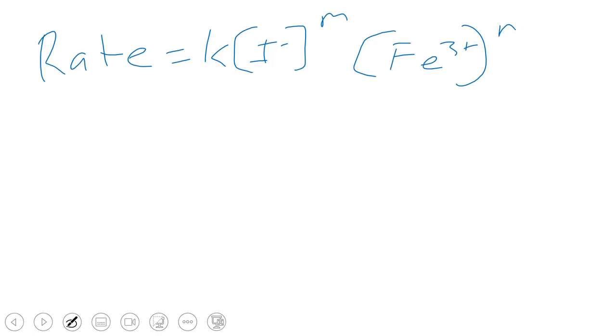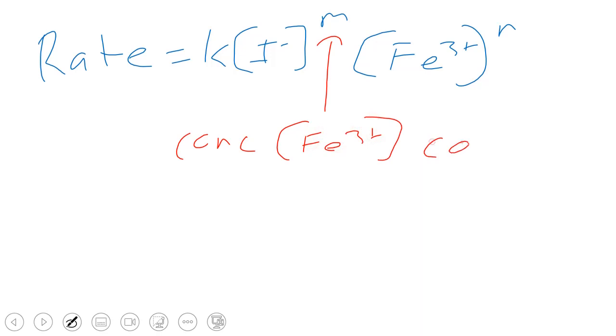Remember, to calculate m, you're going to find two trials where the concentration of Fe3+ stays constant.